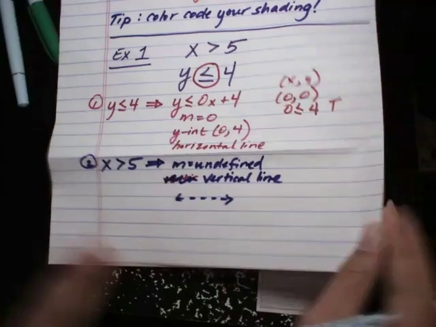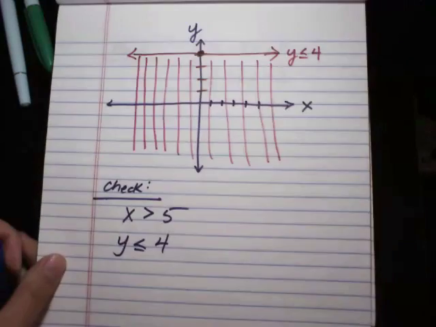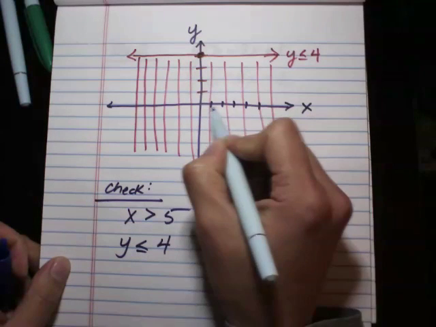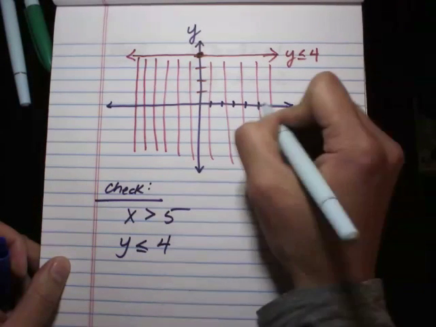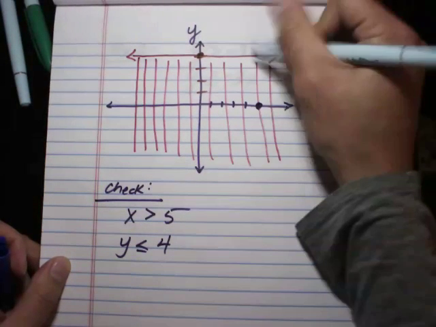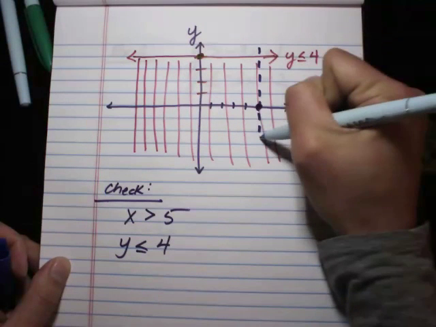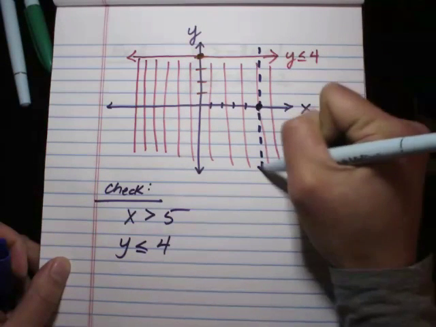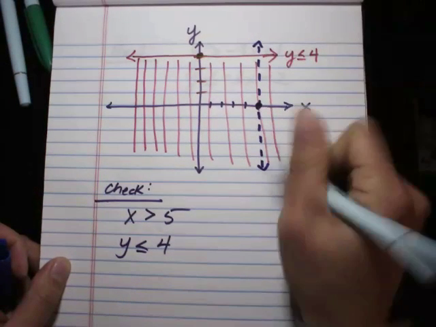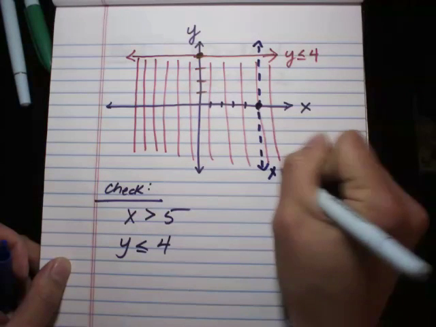Let's go to our graph. X is greater than 1, 2, 3, 4, 5, and this will be a vertical dotted line. If you're using a pencil, you can make a solid line and go back and erase. So this is x is greater than 5.